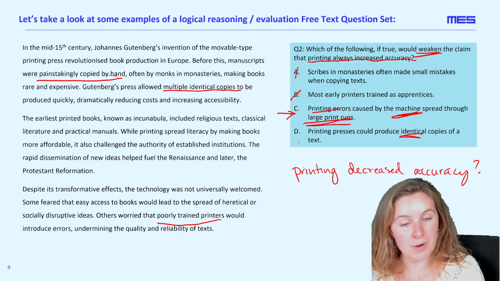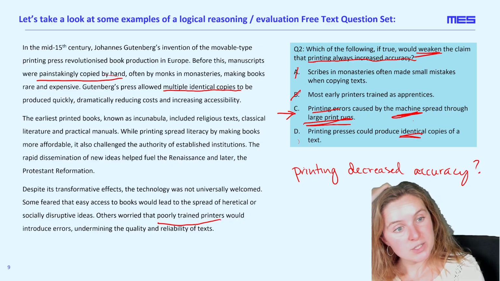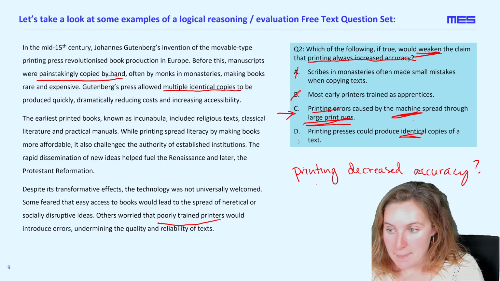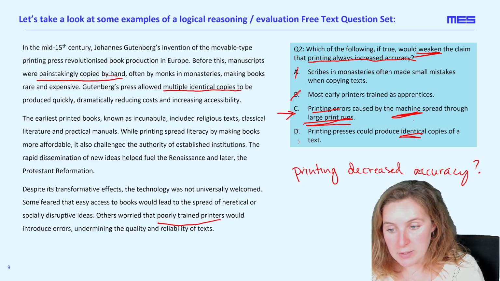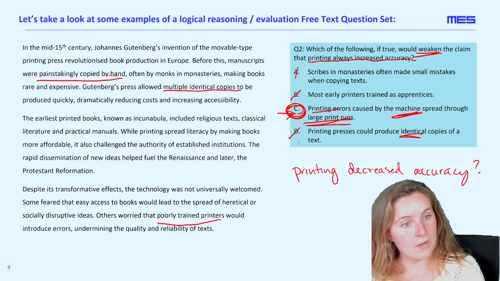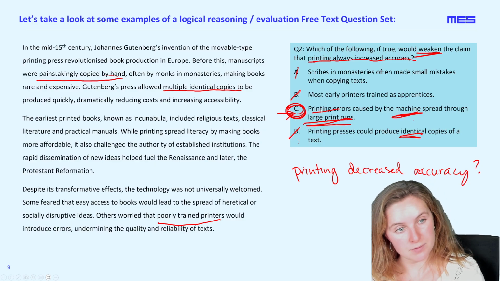It also means if it was incorrect, they could produce identical copies of an incorrect piece of information, but that we don't know which is which means that it could support the claim, or it could weaken it. So we can't say for sure that that would weaken the claim. So we are left to conclude question C as our answer. Printing errors caused by the machine spread through large print runs would certainly weaken the claim that printing increased accuracy.